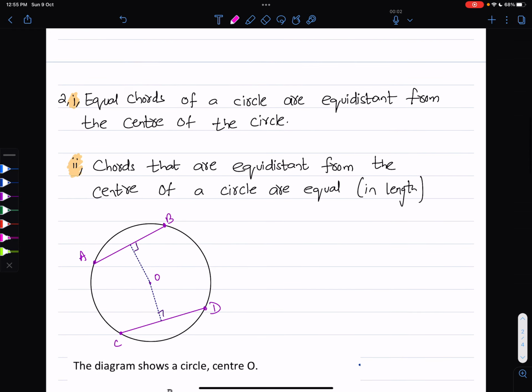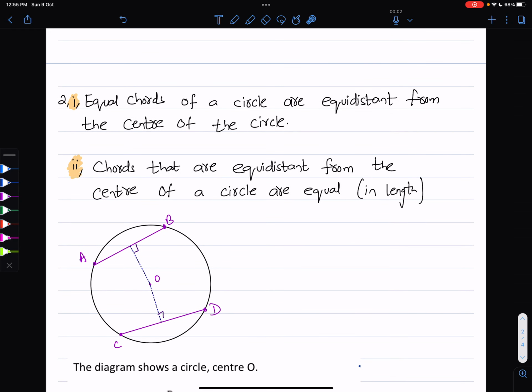The second property is that equal chords of a circle are going to be equidistant from the center of a circle, which simply means that if you know that the two chords AB and CD in a circle are equal in length, then the distance from the center must also be equal.